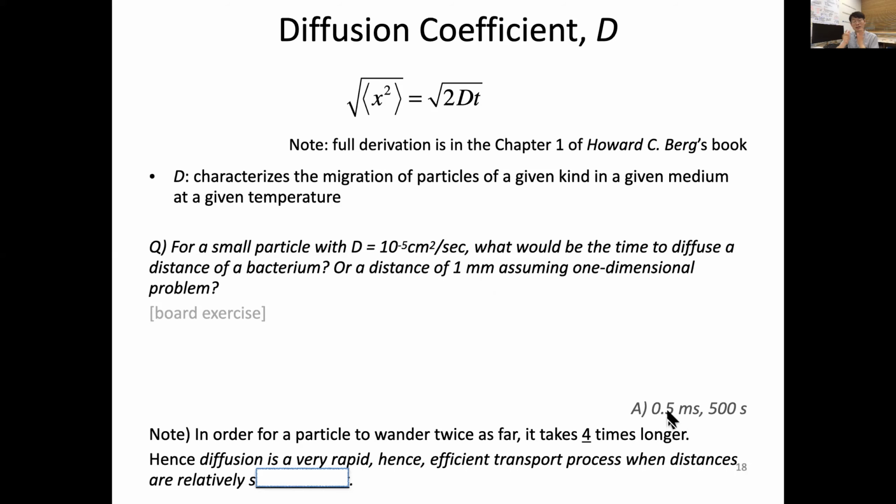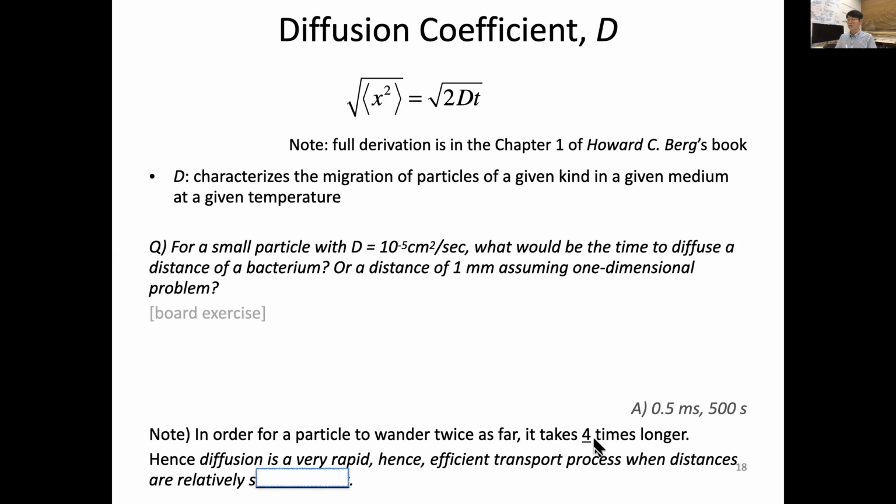However, we realize that if the distance gets larger, the time will take much longer. From here, we know that if the RMS distance is to be twice as large, since there's a square root, the time will be squared. In order for a particle to wander twice as far, it takes 4 times longer.